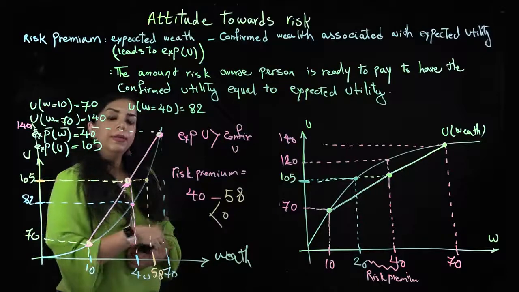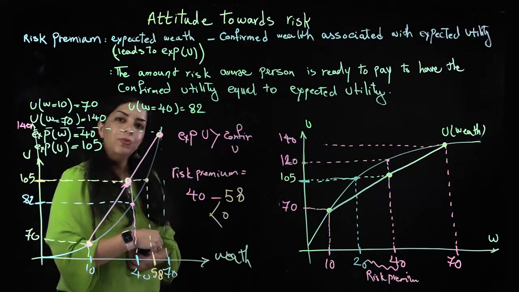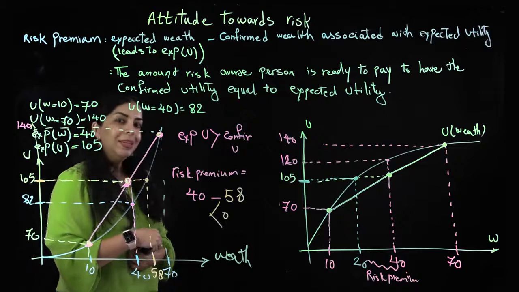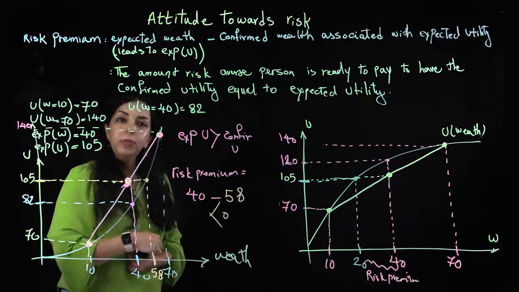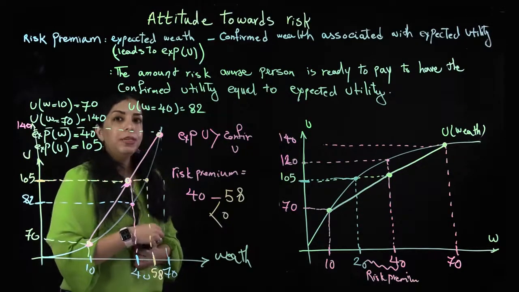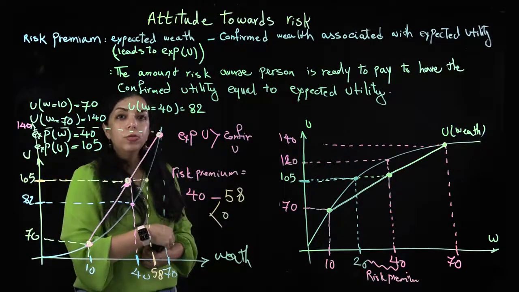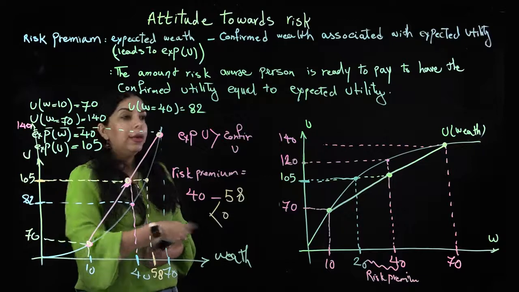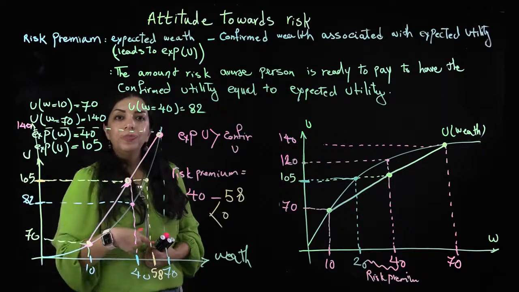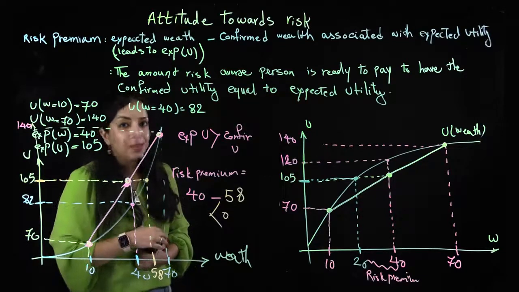What do we expect about the risk premium of the risk neutral person? The risk premium will be equal to 0, because for the neutral person the expected utility will be exactly equal to the confirmed utility. And the utility shape is a straight line.